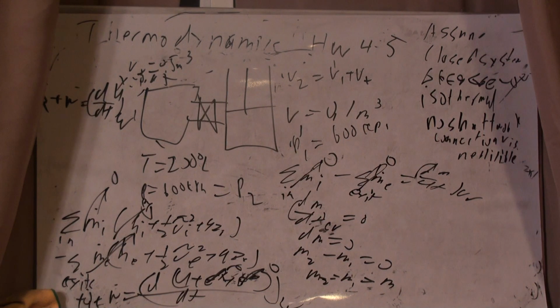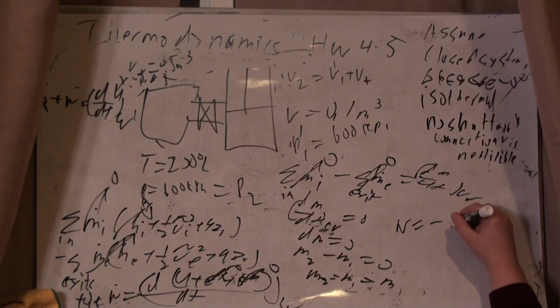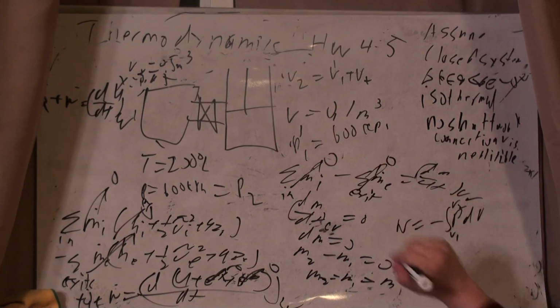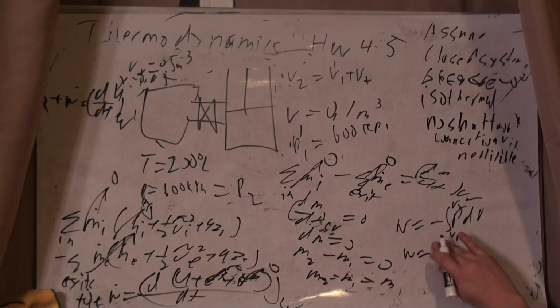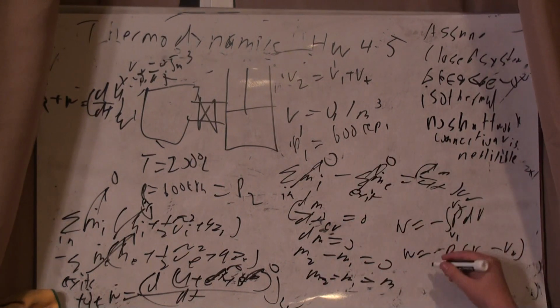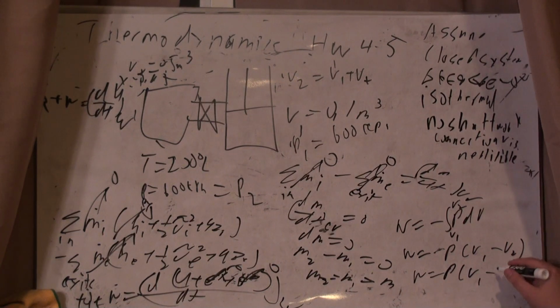Well, first off, let's do the work done. The work done is going to be minus PdV from V1 to V2. Again, my pressure's constant, so my work is going to equal minus P of V1 minus V2, but V2 is equal to that, so work is basically P of V1 minus V1 minus V total.